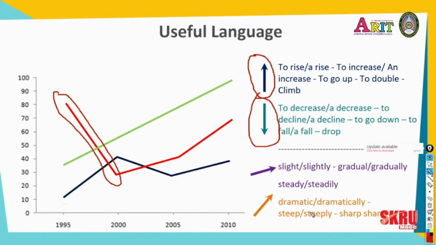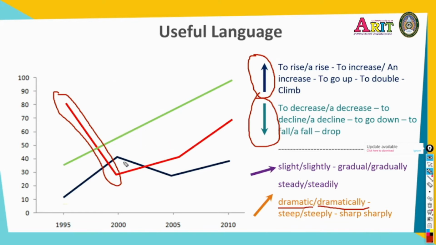And we can use these terms to add to the rise and increase. A dramatic decline, or declined dramatically. So depending on whether we're using a noun or a verb, we can use different terms. Okay?